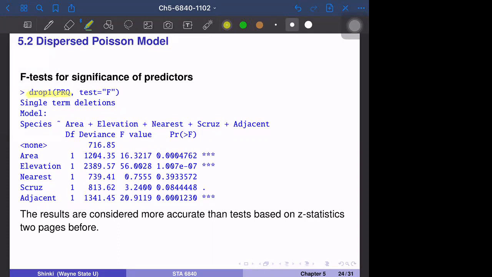Yeah, so with the drop one function, we can test, for example, the full model and the full model minus the area.